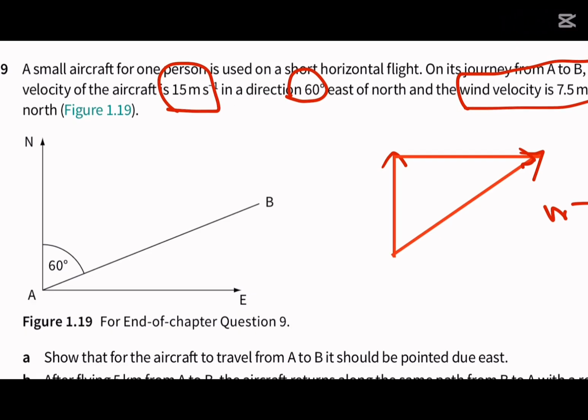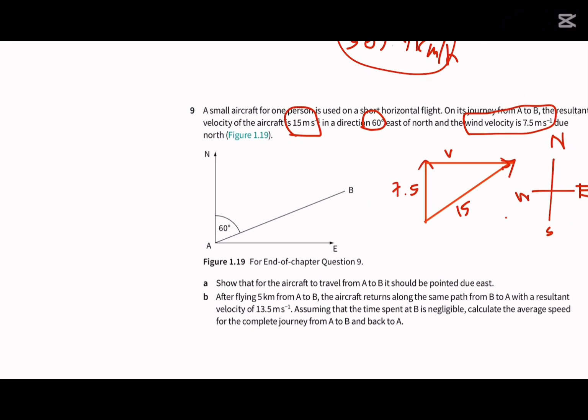So this is like 7.5. I'm not going to add units. Yeah, this is the velocity of the aircraft, and this is the resultant velocity of the aircraft.